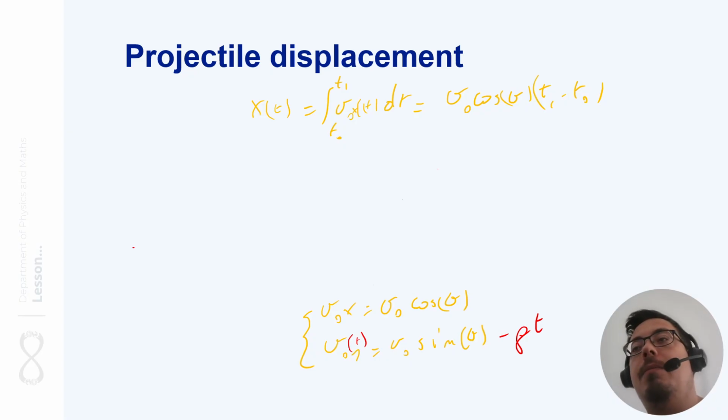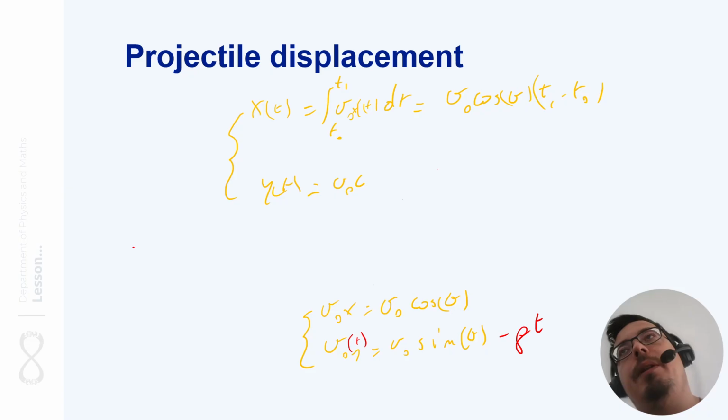Okay, the motion in y is very similar. There is one component that is the same, except instead of cosine, there is a sine. And then there is a second component, which is 1 over 2 g times t1 squared minus t0 squared.